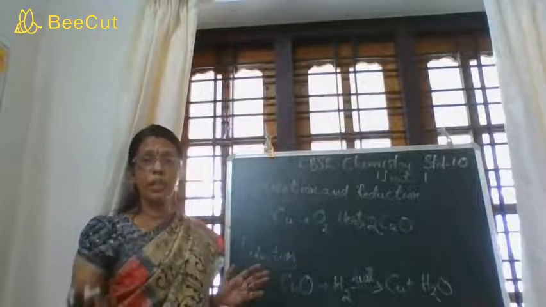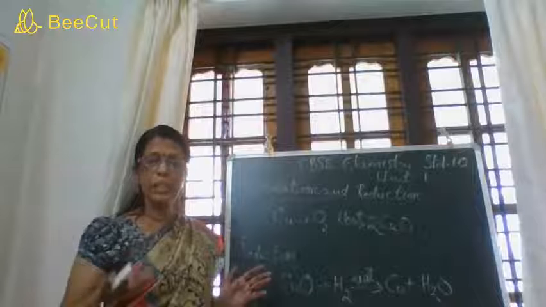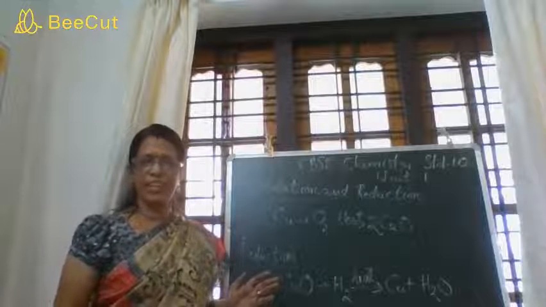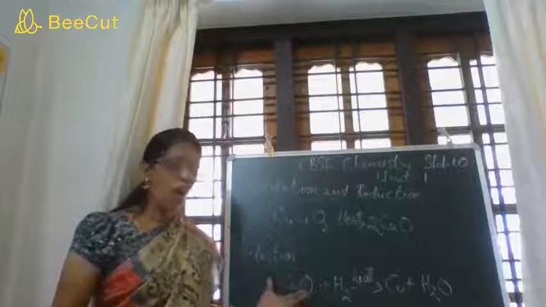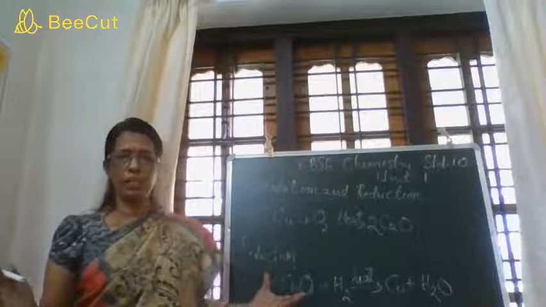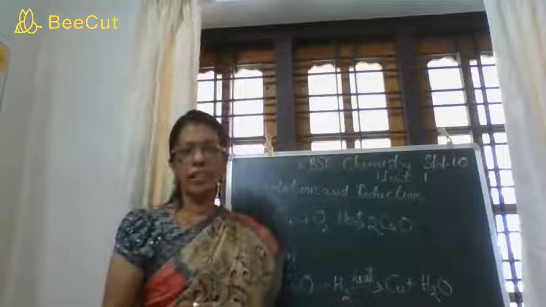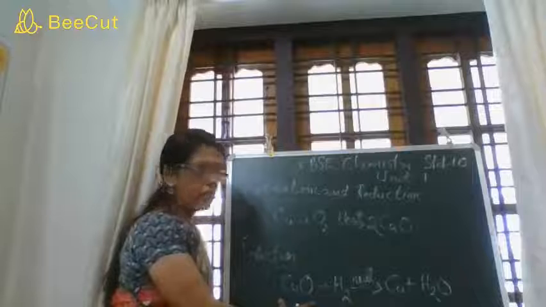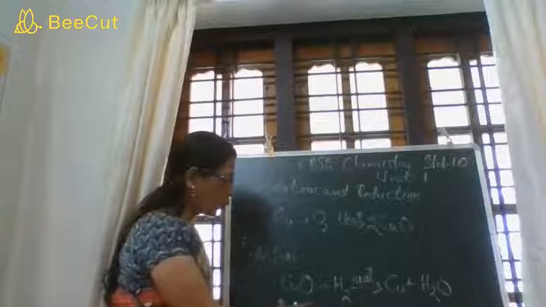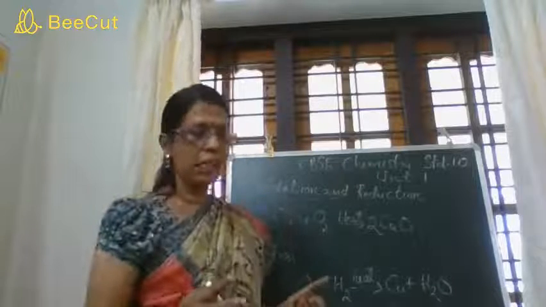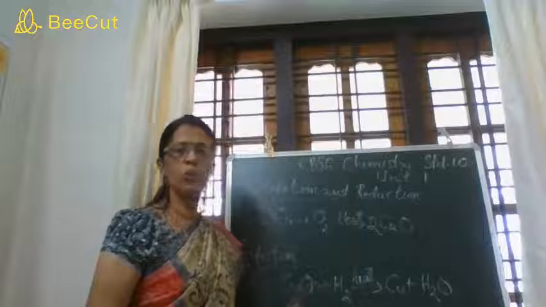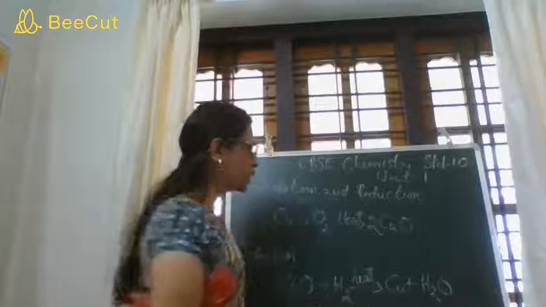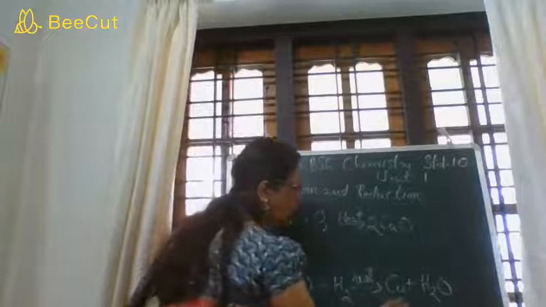And naturally, reduction will be the opposite of the oxidation reaction. That is, when oxygen is removed from a substance, it is called a reduction reaction. Here, this is copper oxide, cupric oxide, CuO. When we pass hydrogen through the cupric oxide, it will be converted into copper, brown copper.